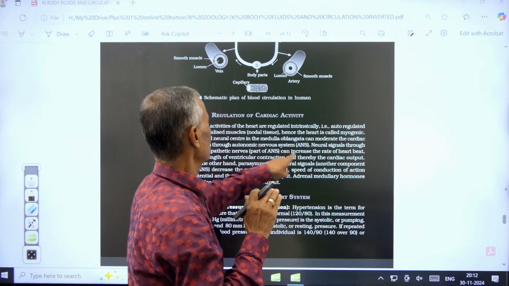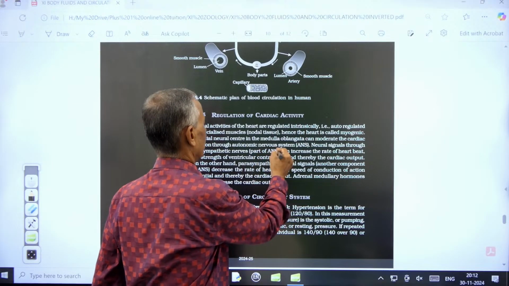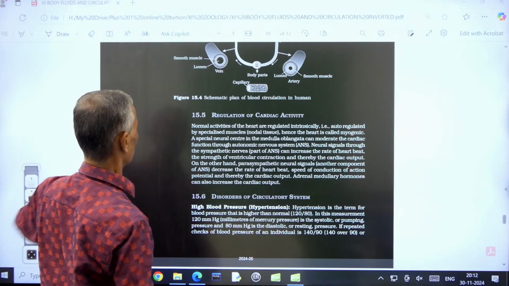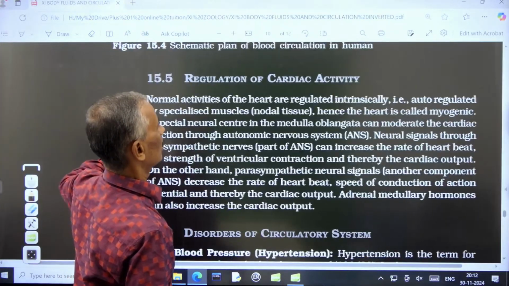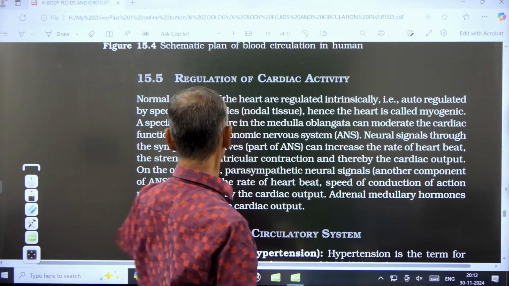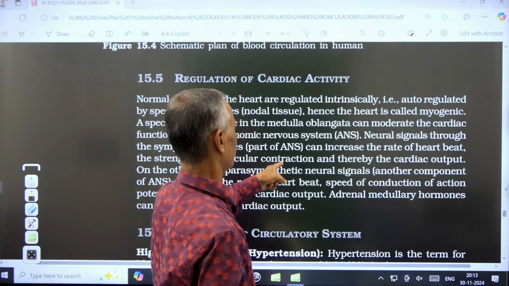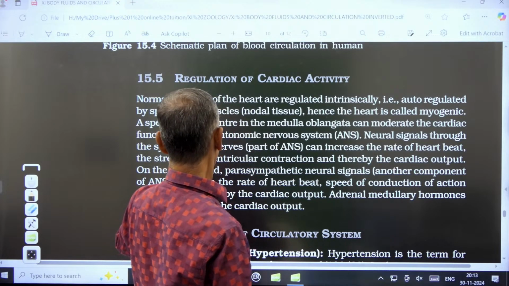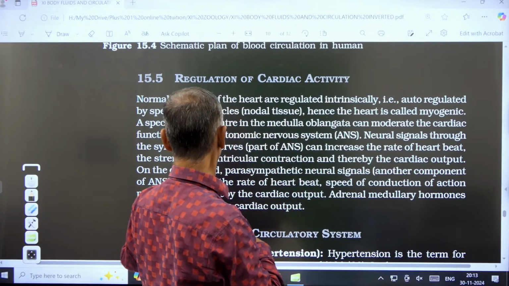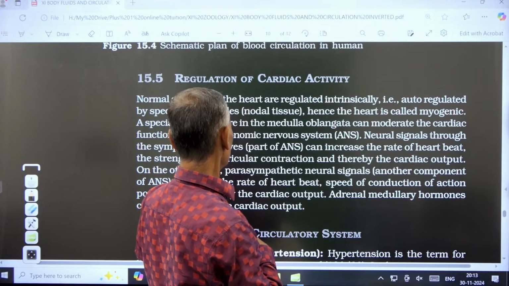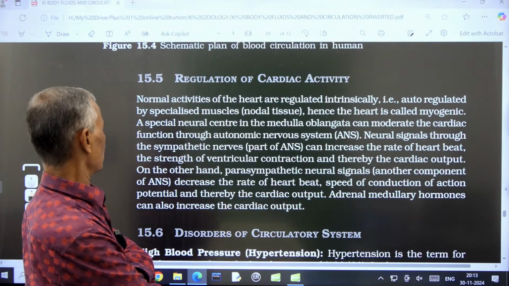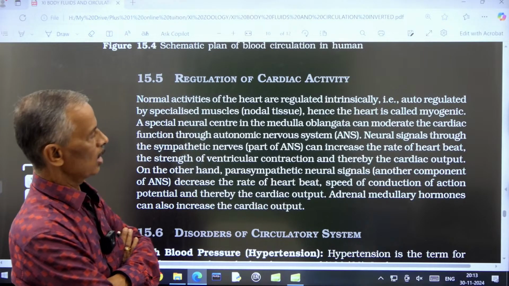So it is controlled by autonomous nervous system. Neural signals through the sympathetic system can increase the rate of heartbeat as well as the strength of ventricular contraction, thereby the cardiac output. On the other hand, parasympathetic neural signal, which is another component of autonomous nervous system, decreases the rate of the heartbeat, speed of conduction of action potential, and thereby the cardiac output.